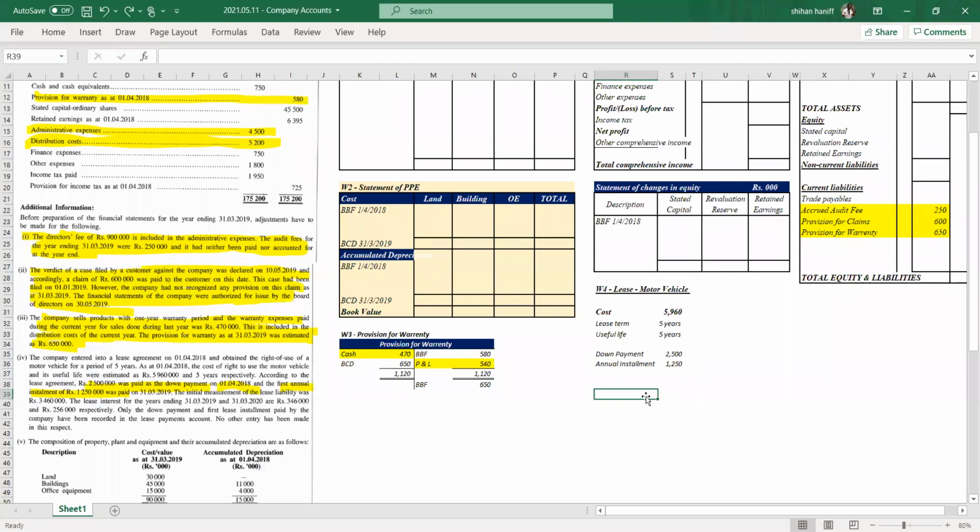Initial measurement of the lease liability was 3,460, because from 5,960, if you pay 2,500, the answer is 3,460. That is okay.